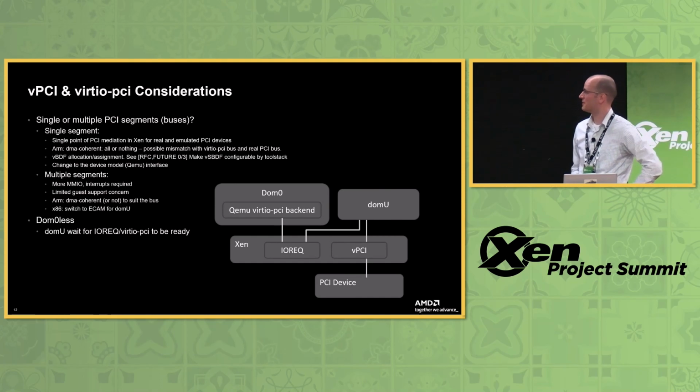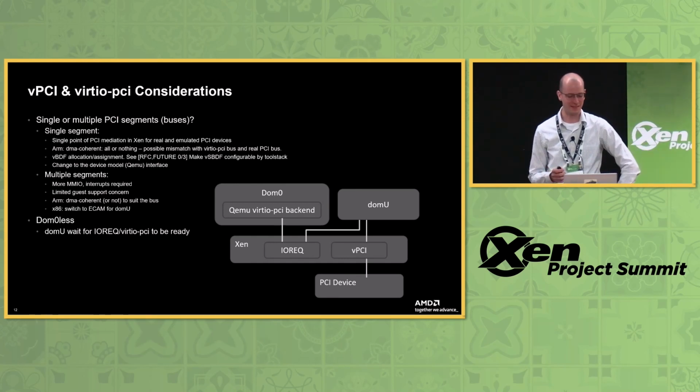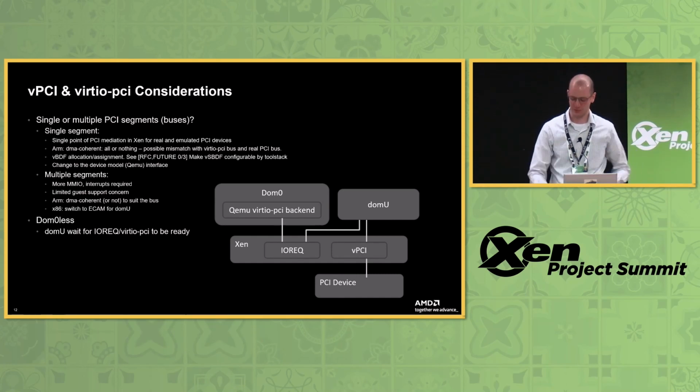All right, so VPCI and virtio-pci, we want to be able to use them both at the same time, but there are some considerations to be made. How do we get them to work together?